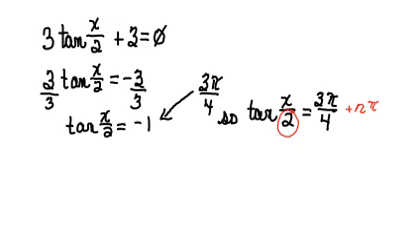To get rid of the 2 so that we end up with just tan x, you guessed it, we're going to multiply both sides by 2, which in turn means we have to multiply both of these by 2, which gives us 6 over 4 pi, which is the same thing as 3 over 2 pi. And technically, since we can have so many little revolutions, it'd just be 2 times the number of revolutions, pi.